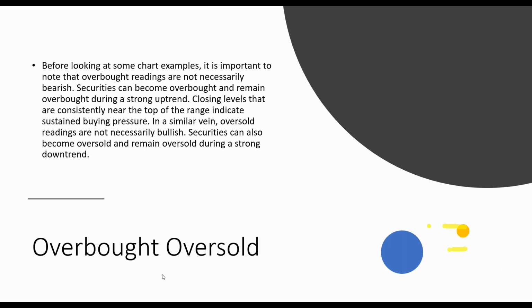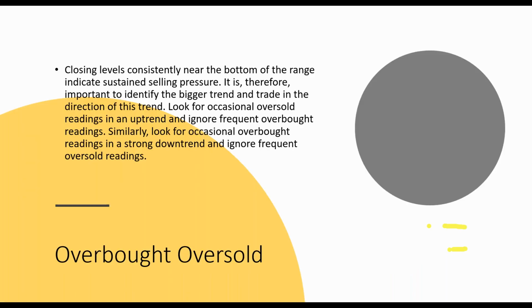It's important to note that overbought readings are not necessarily bearish. Securities can become overbought and remain overbought during a strong uptrend. Overbought means there are too many buyers and the price has been pushed up too high. Remember the rocket example? It's losing its momentum, but we're not sure when it's going to turn over. An overbought market can remain overbought and still continue upward for a period of time.